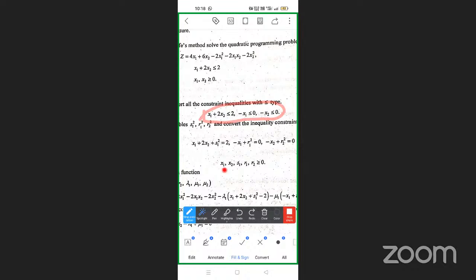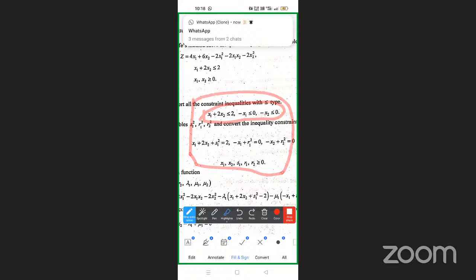And all of x1, x2, s1, s2, s3, r1, r2 are non-negative, that is, greater than or equal to 0. So this is the standard form. Is that clear? Standard form of a given QPP, a given quadratic programming problem. So first we have to convert all inequalities into equalities.